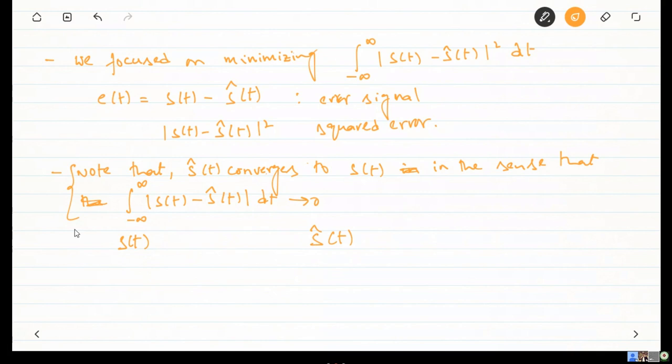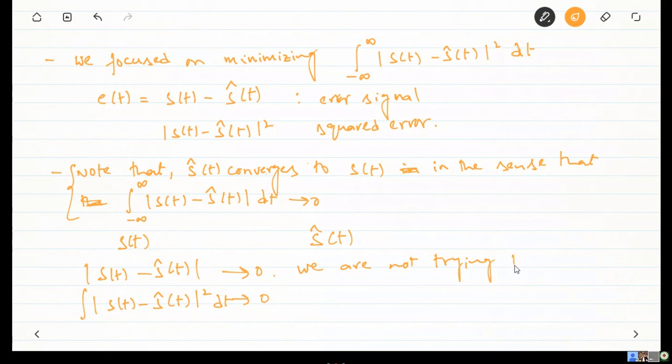Meaning, we are not trying to make s of t minus s hat of t go to 0 at every point.